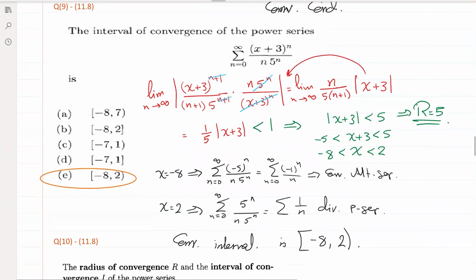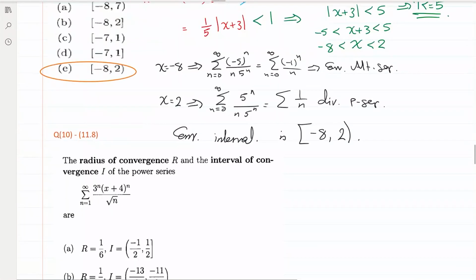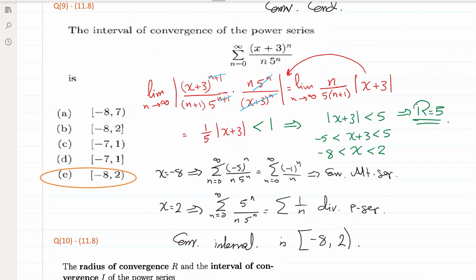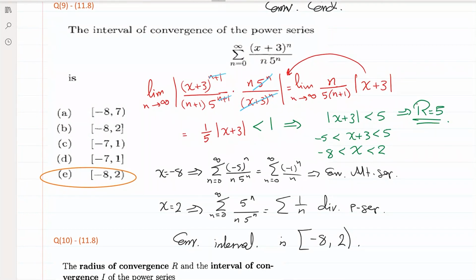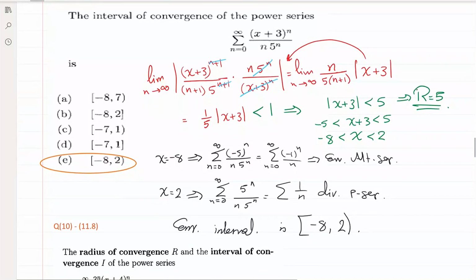Yes, clear. Doctor, there is no need to check -8 because it is closed in all choices. Yes. But what if I give you another choice to be -8 to 2 closed, for example? Yeah, you are right. In this case, all of them are closed.